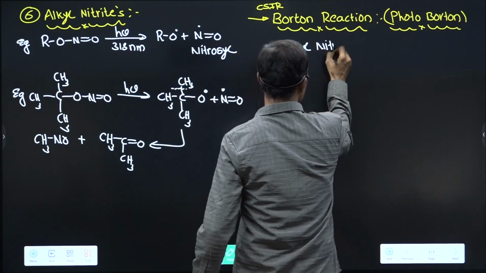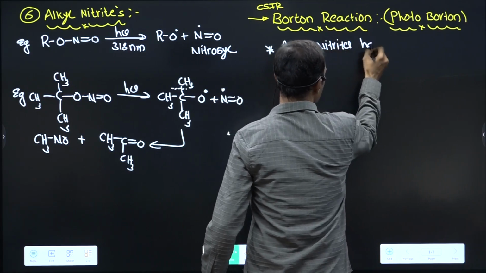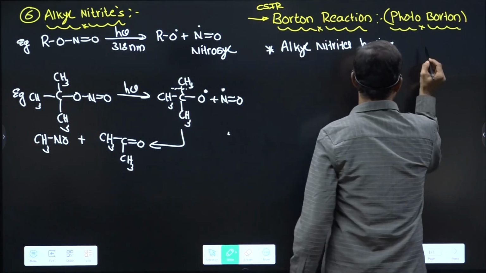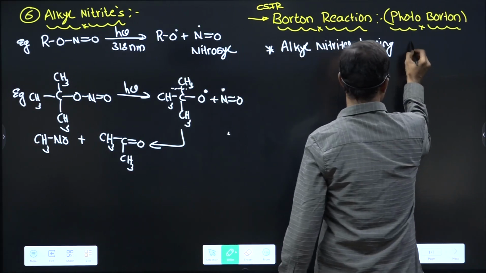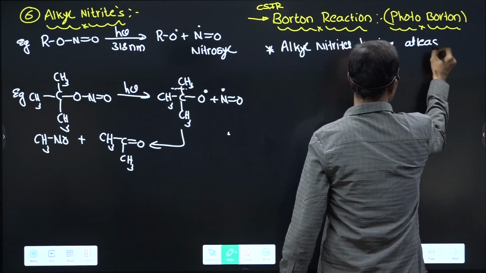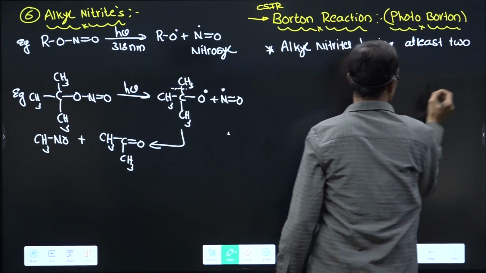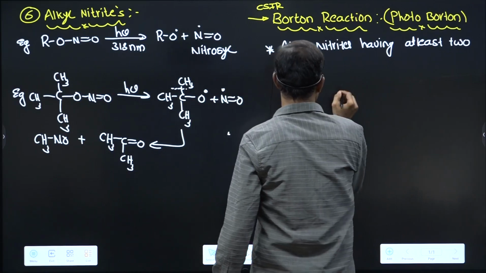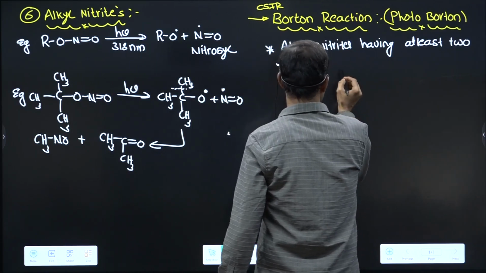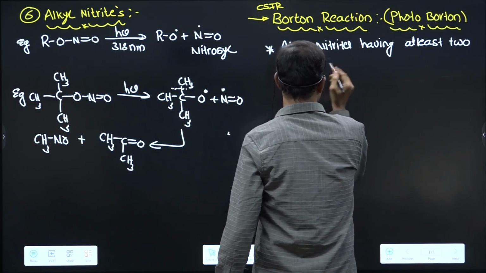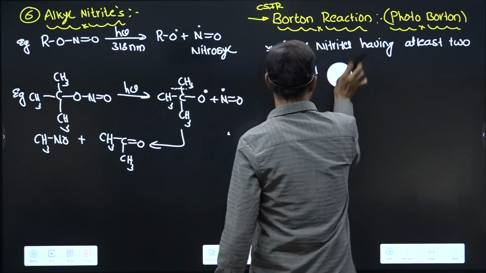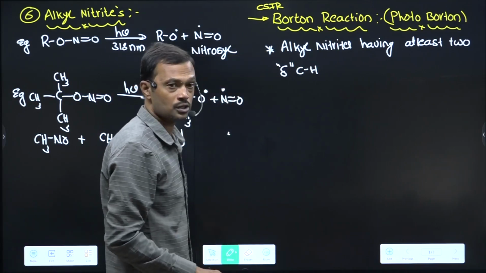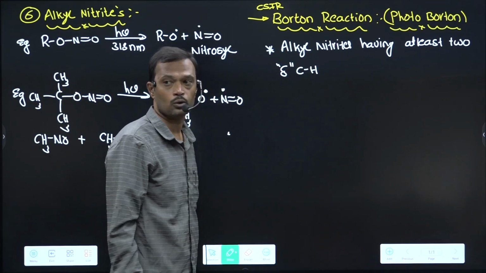Alkyl nitrites having at least 2 delta CH. Here CH means only one carbon, 2 hydrogens.